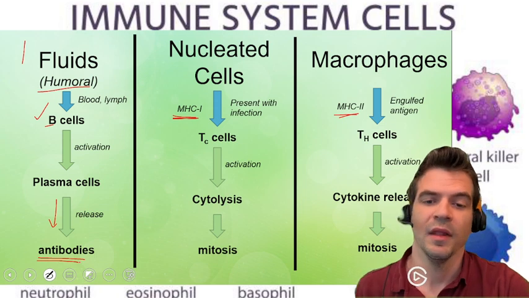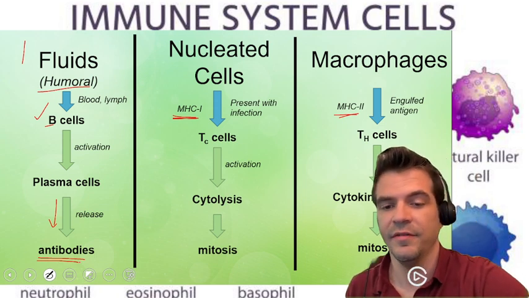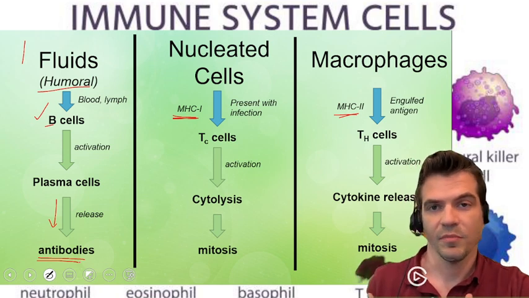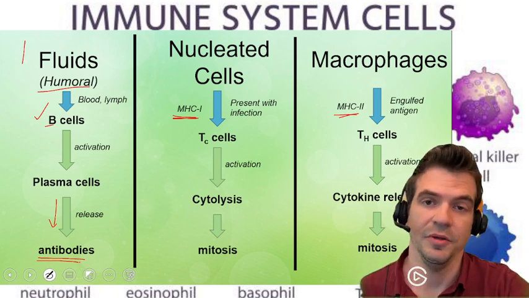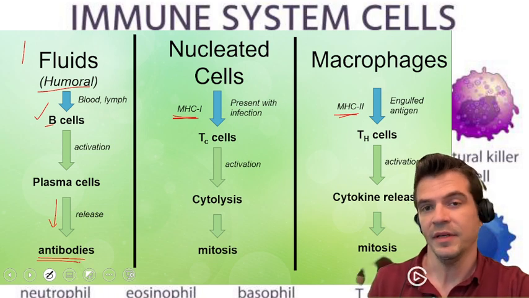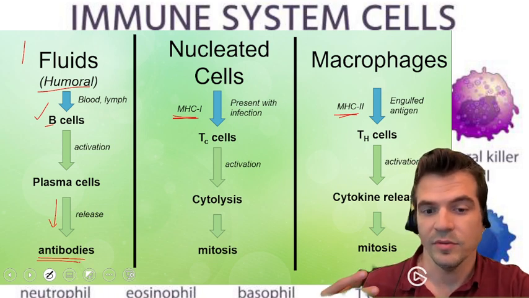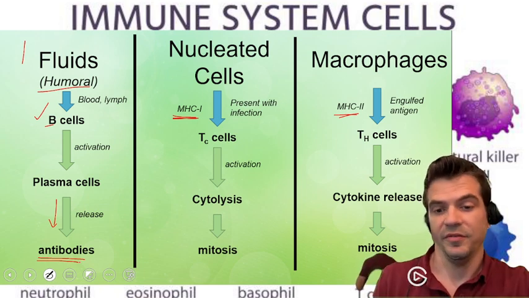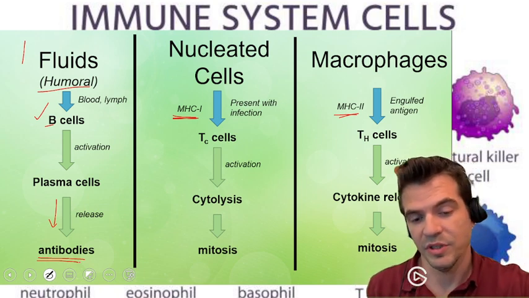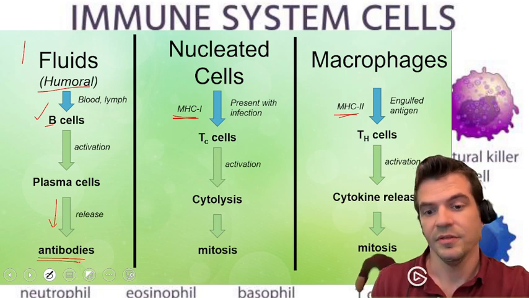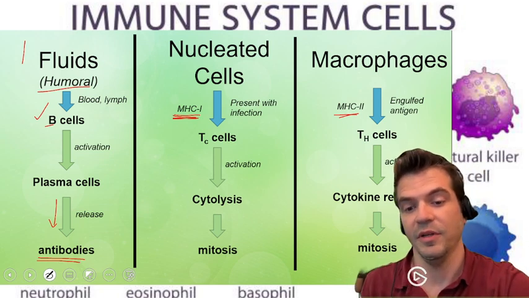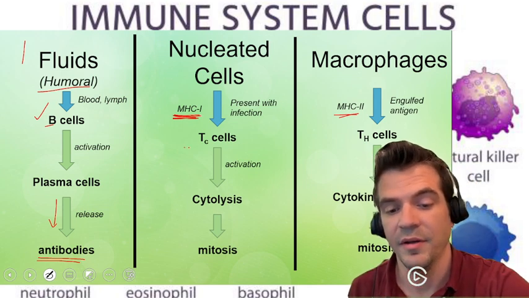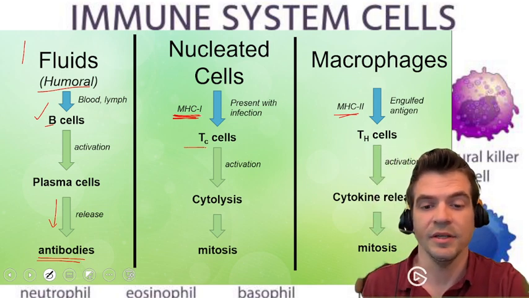Nucleated cells have their own version of saying that they're sick. Any cells that we have that are infected will exhibit the signs that they're infected and present an antigen on the major histocompatibility complex, and that is found and read by a cytotoxic T cell.